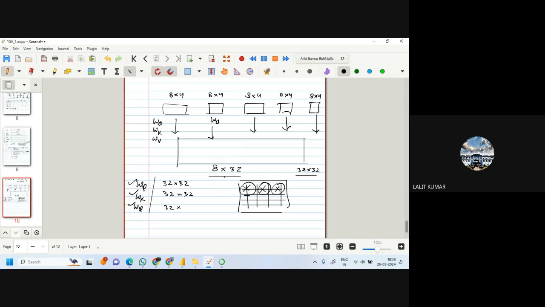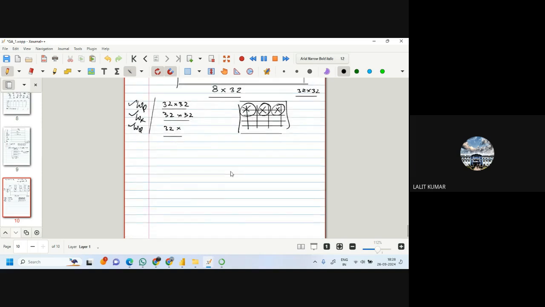So I can either take these 8 into 3, 24 different weight matrices and then concatenate, or I take three matrices of 32 into 32, and it serves the same purpose. So now WQ, WK, and WV are 32 into 32.